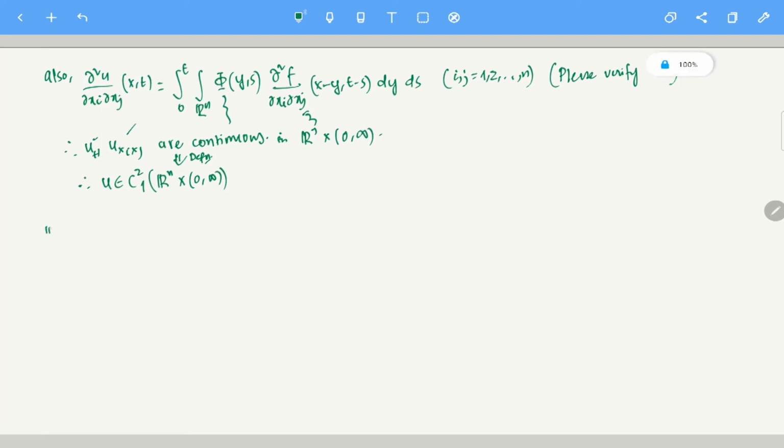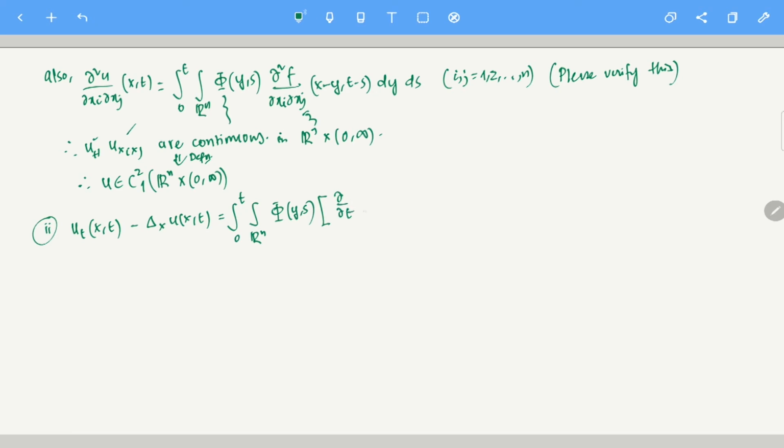For part 2, we calculate u_t minus Delta_x of u(x,t). I have to show this equals f(x,t). So this is given by the integral from 0 to t over R^n of the fundamental solution evaluated at (y,s), and then I have del t minus Delta_x applied to f(x minus y, t minus s) dy ds.